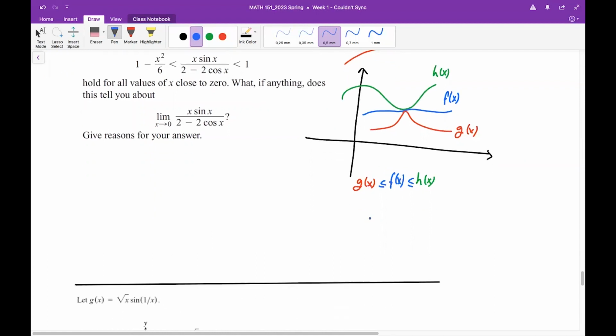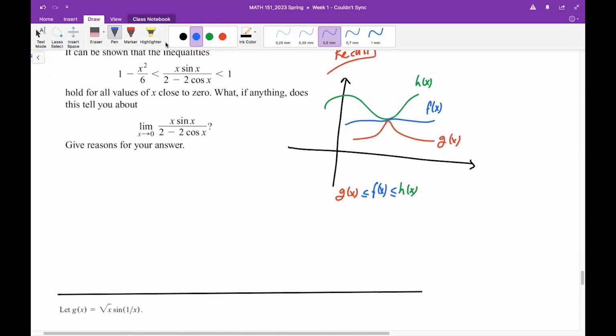Once you have such an ordering between your functions, and if you want to compute the limit of the middle function, what you should do by the sandwich theorem is look at the limit as, okay, let's say this number is a. As x goes to a, this is another notation for computing the limit. As x goes to a, g of x goes to which number?